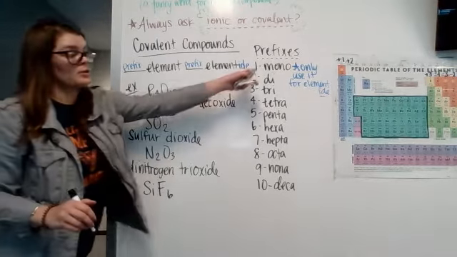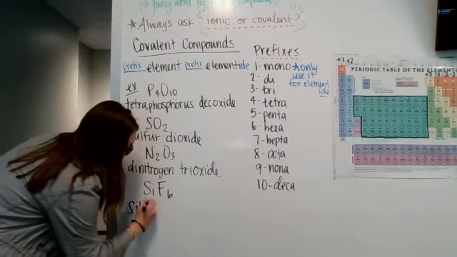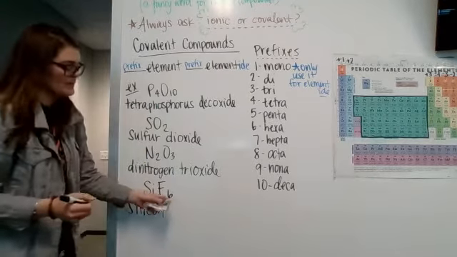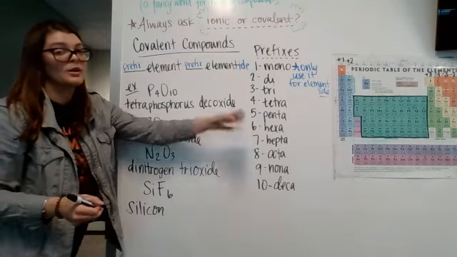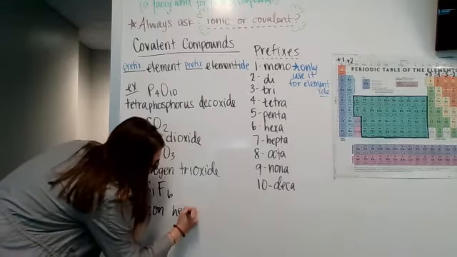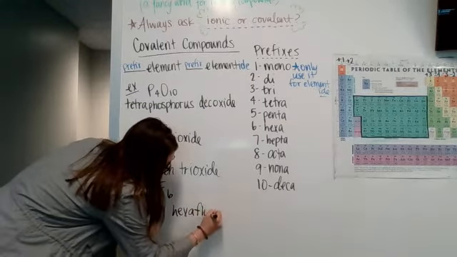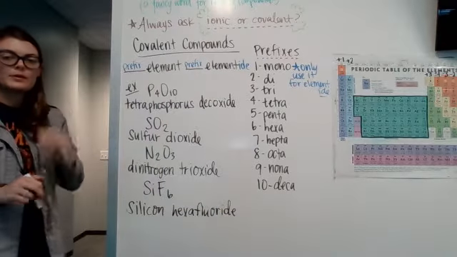So we do not use mono because it's the first element. So we just label it silicon. And then 6 F's, prefix, element with -ide, hexa, fluoride. Okay, so there's all of those.